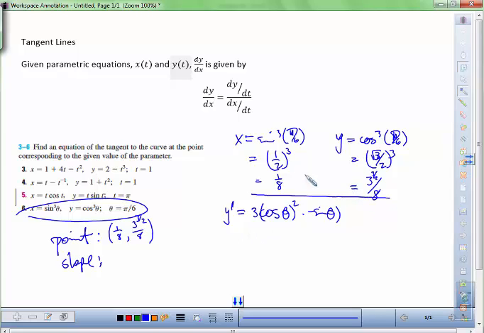And then we want to put pi over 6 there. So cosine pi over 6, you guys said was root 3 over 2. And sine, you said was 1/2.